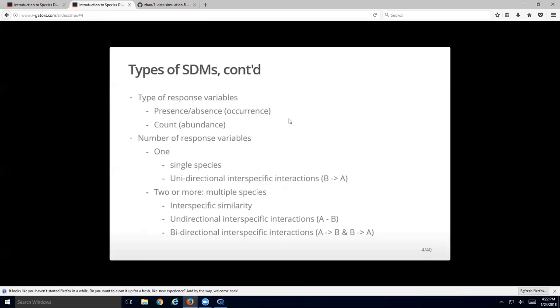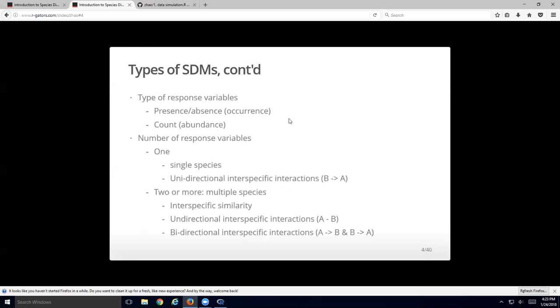In one kind of model, people normally consider their observations to be perfect, and in the other model, they don't. We can also look at the number of response variables.